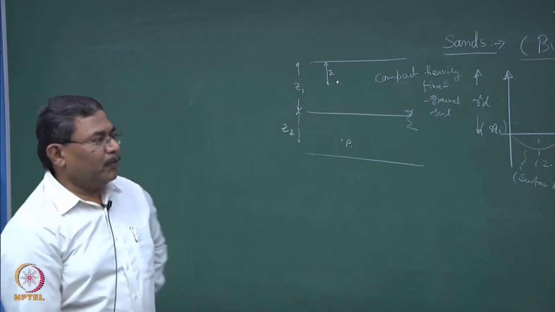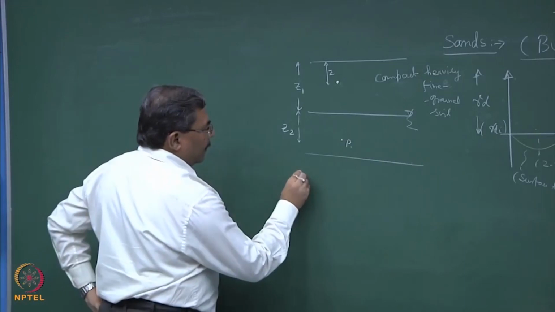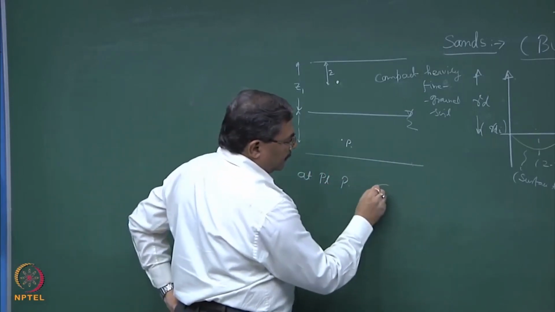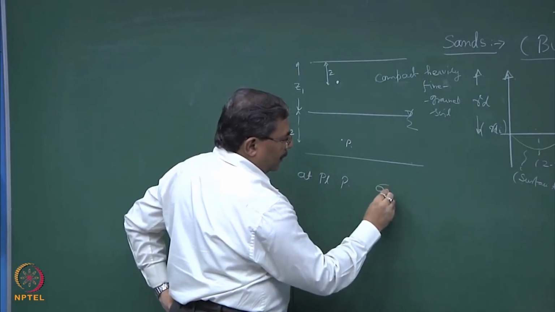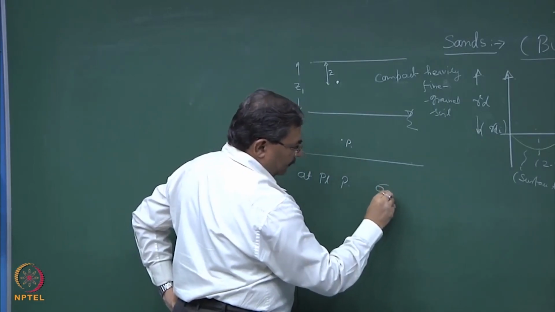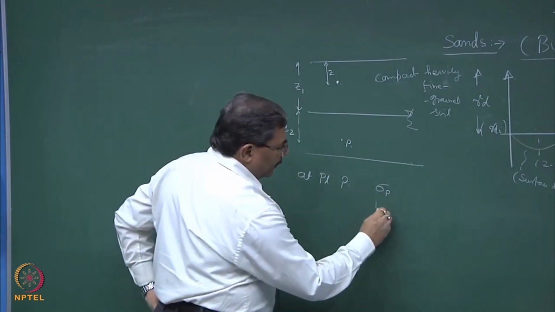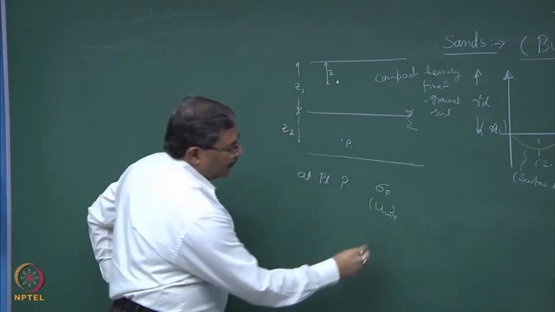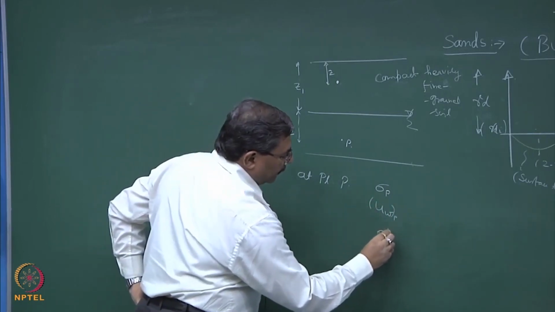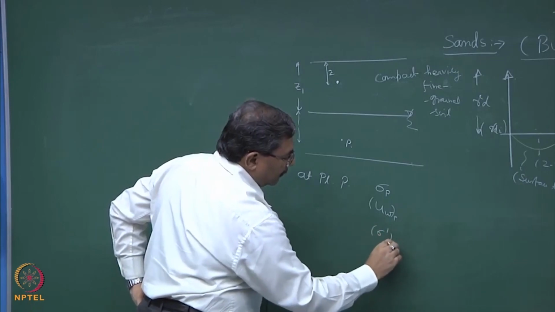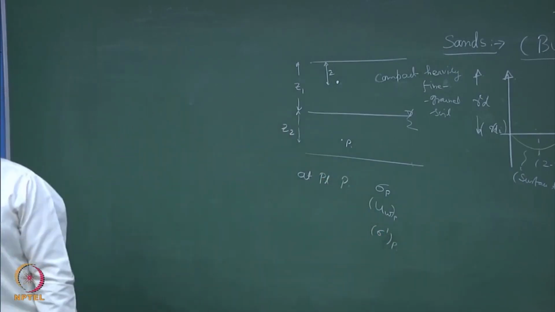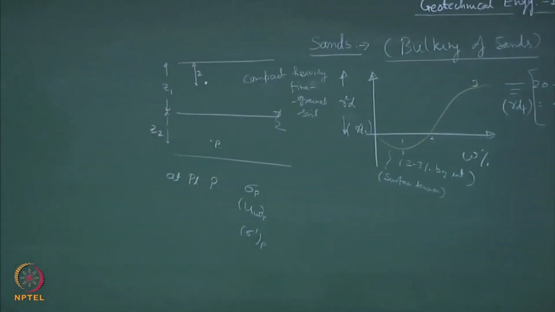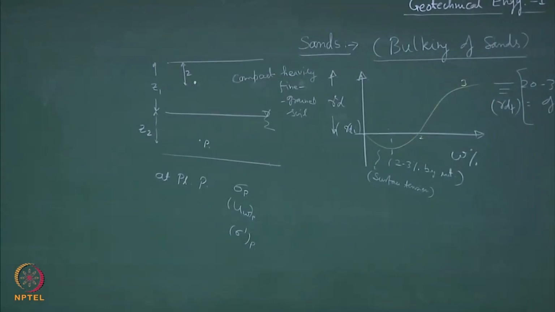And if I ask you to compute at point P, what is the state of stress? Sigma P, pore water pressure at P, and the effective stress at P. So, this becomes an interesting case. It is not difficult, I hope you can solve it still.